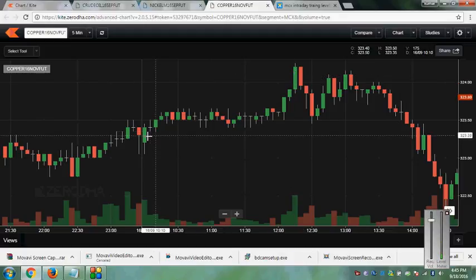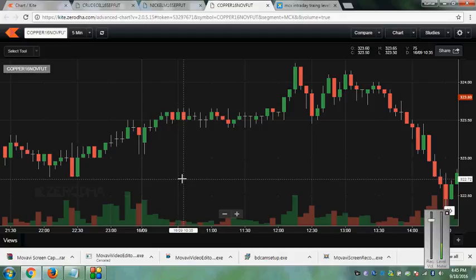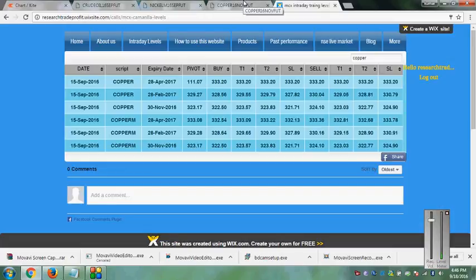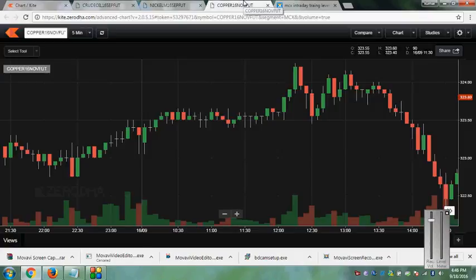Here it was opened, and it has not come to 322.50 levels, so buy call was not generated. 322 something was the buy level. It has not come to that level, so buying is not generated. First selling was generated at 324.10 paisa. 324.25 was the day high.